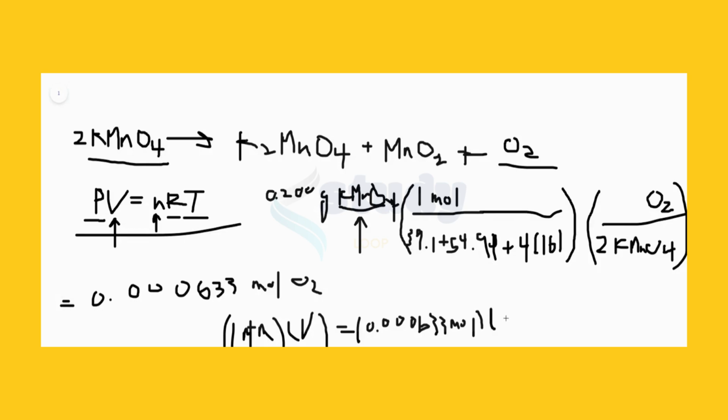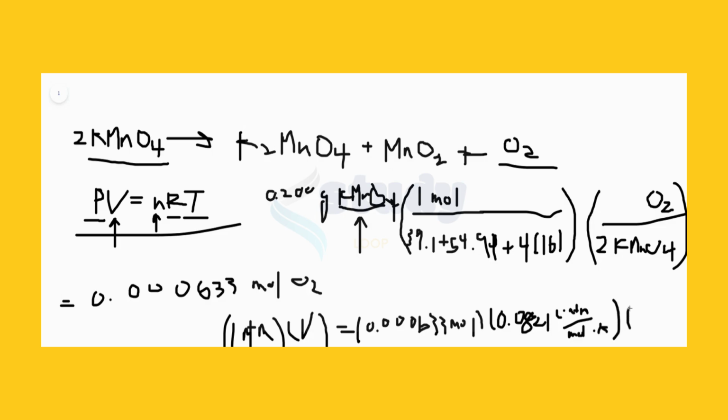This is always constant, and you will have to look this up, but it's 0.0821, in liters atmospheres over mole kelvins.